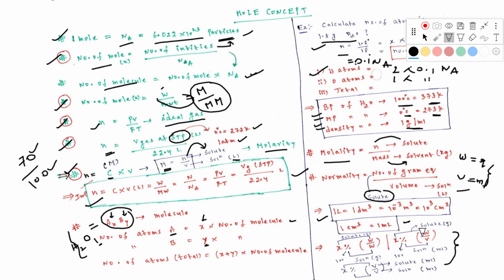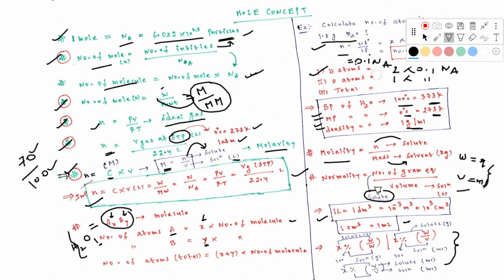Again, for W by V, X grams of solute in 100 ml of solution. Okay, here for V by V, so ml: X ml of solute in 100 ml of solution. Okay, so you have to represent like this.